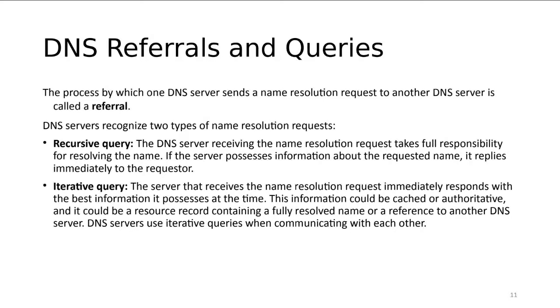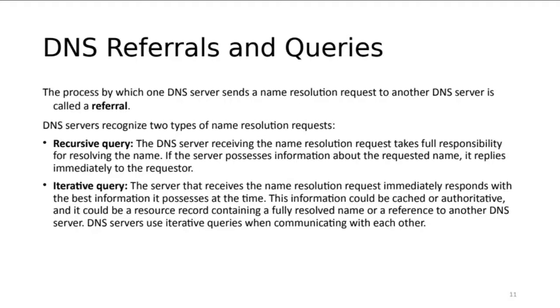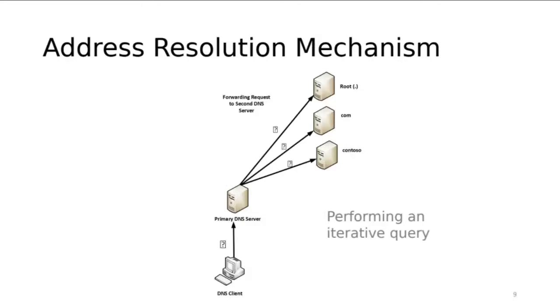DNS servers use iterative queries when communicating with each other. This is the iterative as we saw here. You see, the request is going to the primary, and then each of these DNS servers are communicating with each other using iterative queries.